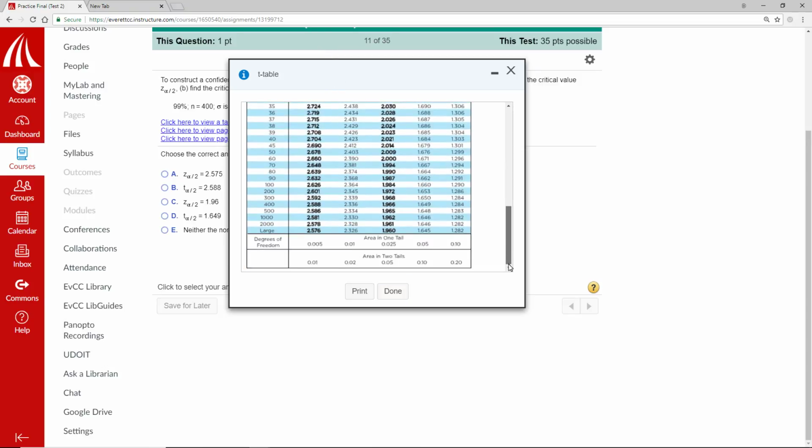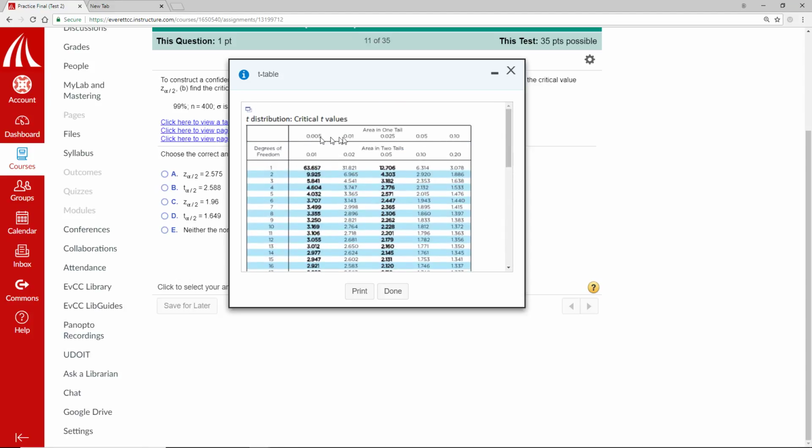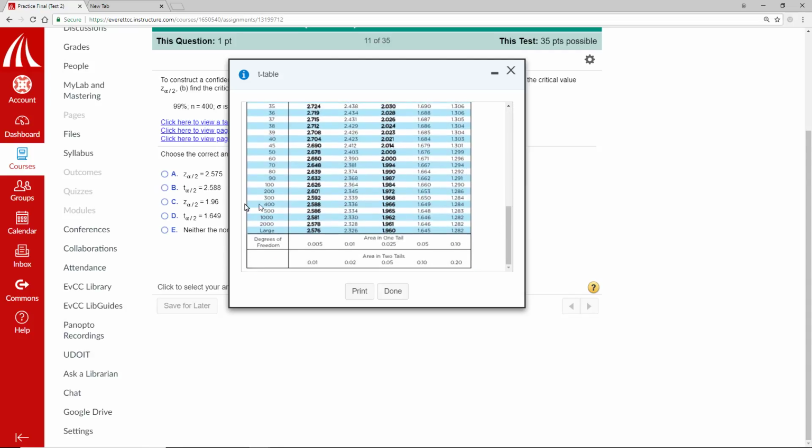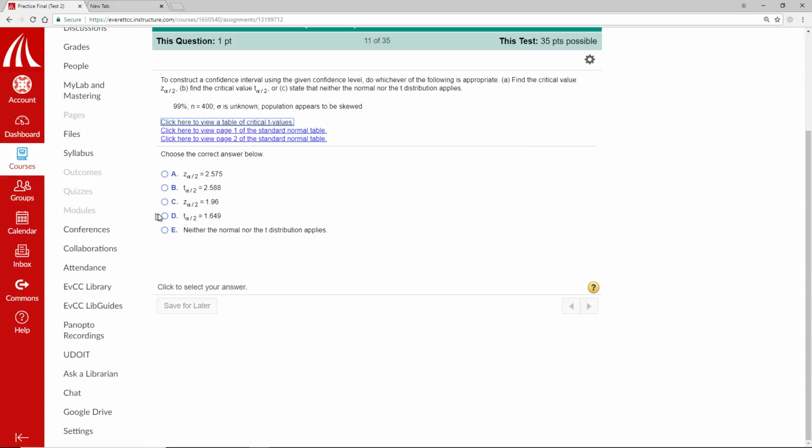I don't think it goes up that much. Oh wait, we do have 400. Wait, what column is 0.05? The second to last column at 400. 1.649 is good. 1.649. That's what I got.